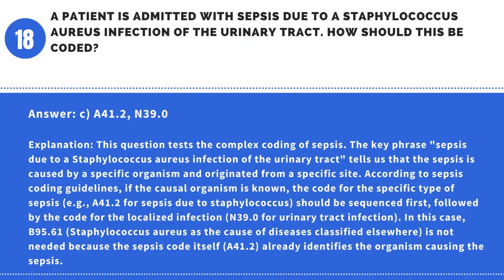In this case, B95.61, Staphylococcus aureus as the cause of diseases classified elsewhere, is not needed because the sepsis code itself, A41.2, already identifies the organism causing the sepsis.